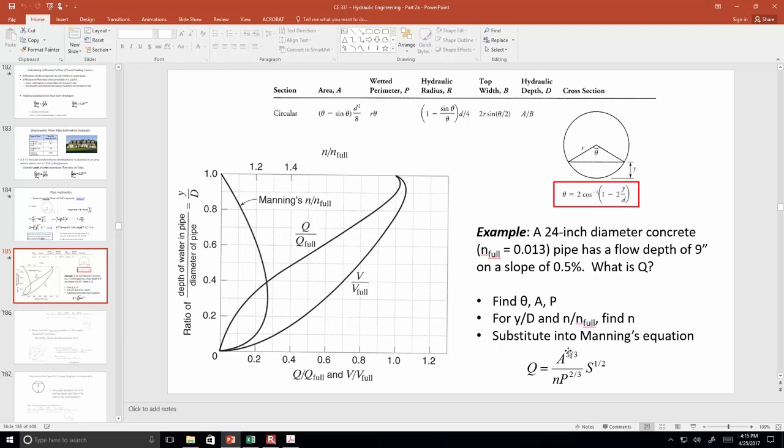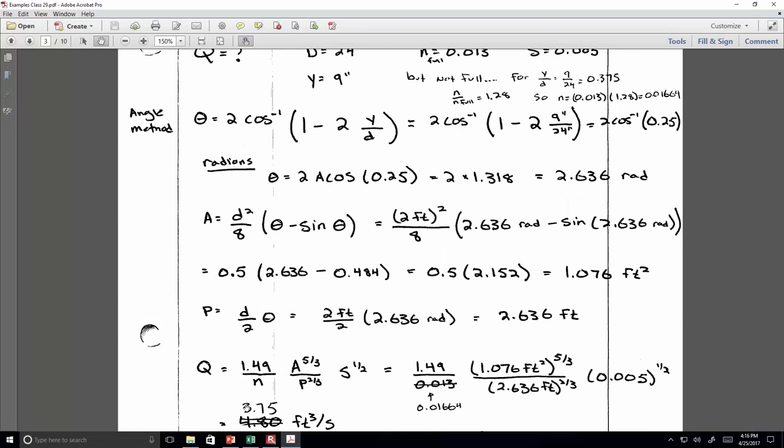The alternate procedure would be to assume that you have the full flow, and then once you have Q full, you could find the ratio of Q to Q full based on the ratio of y to D. So the 0.375, down from there, it looks like it's about 0.2. And so this flow rate that we found of 3.75 cubic feet per second, that's about 20% of the flow rate that would be there if the flow was all the way to the top of the 24 inches.